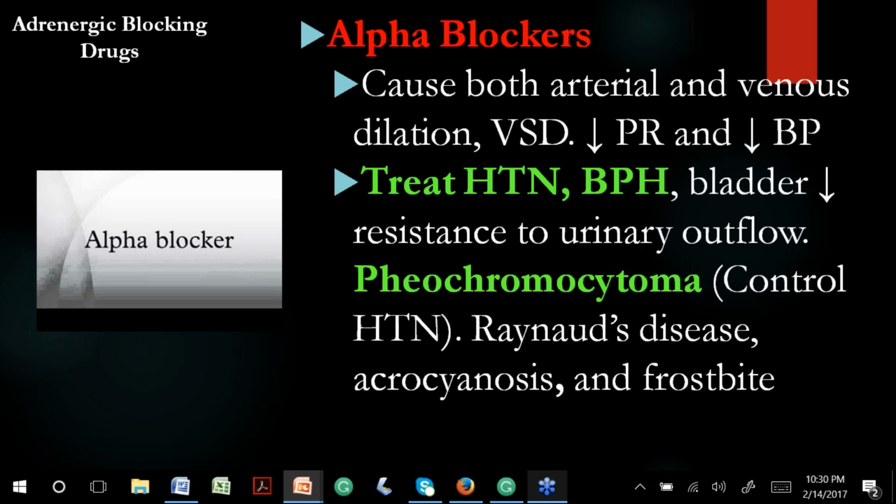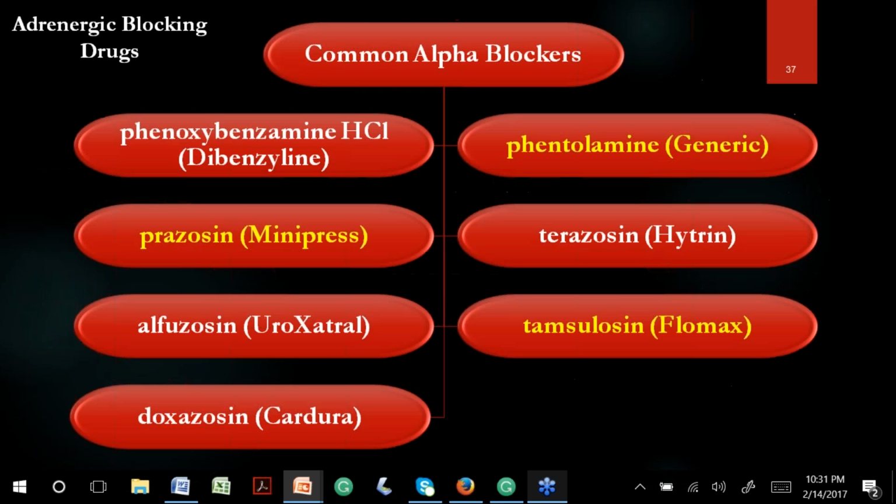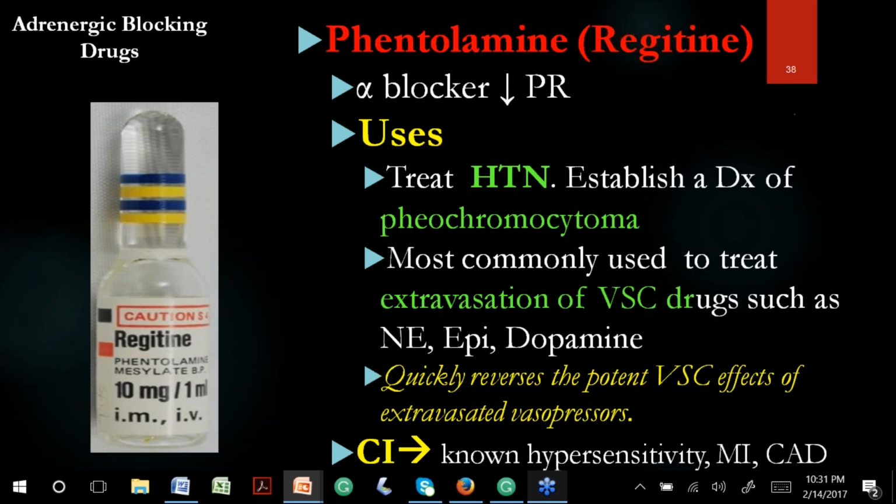And the beta 2, we have bronchodilators, and there are no uses for beta 2 antagonists. There is one medication called Yombine that is not applicable for humans, it's mostly in veterinary use.